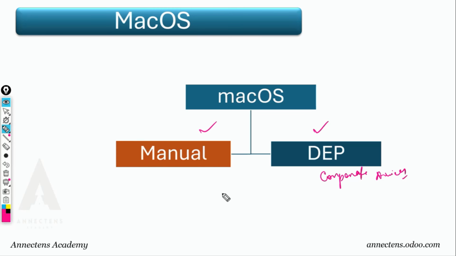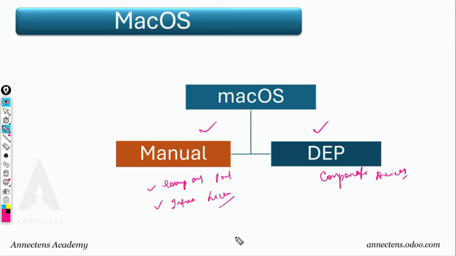For the manual method, we require the end user to install the Company Portal application and have the Intune license. So two things: Company Portal and the Intune license.